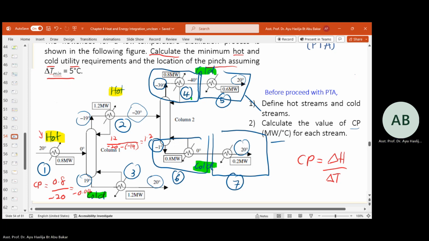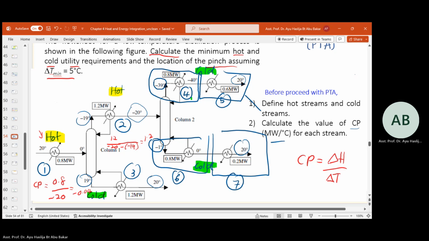CP, not the delta H. Positive. Okay, from the calculation here, by right, it should be negative, right?